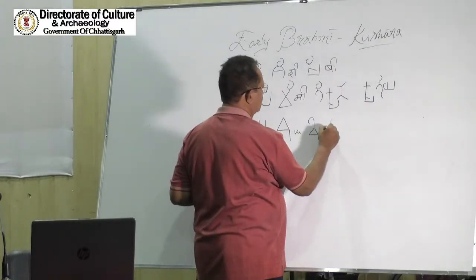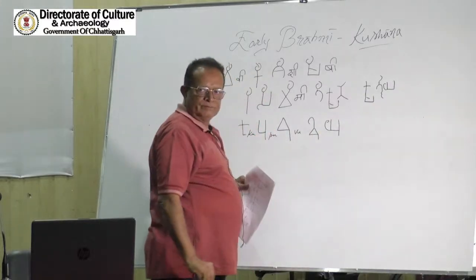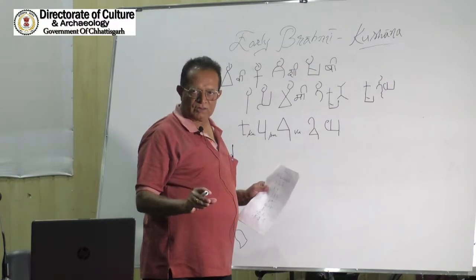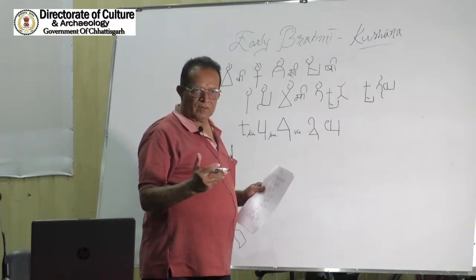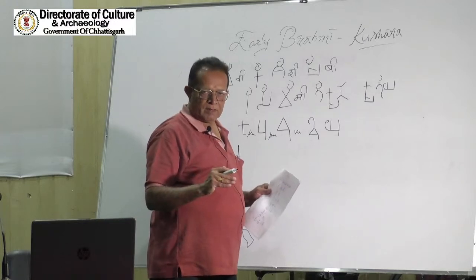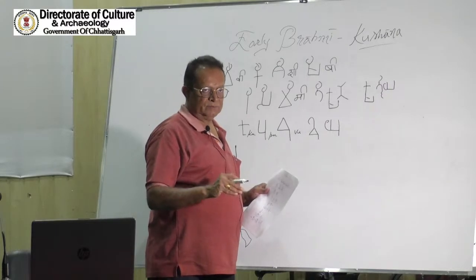And for example, Ya, you find extension. You just see the Mauryan ones. Whenever you get any doubt, the principle is the same as far as the attaching of the signs is concerned.